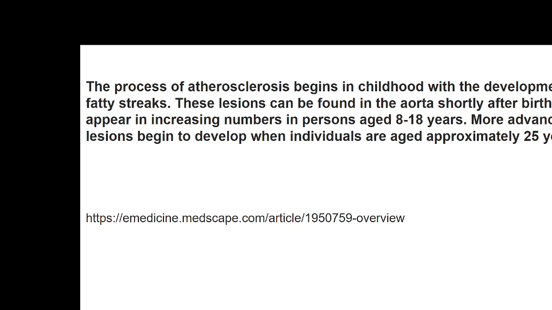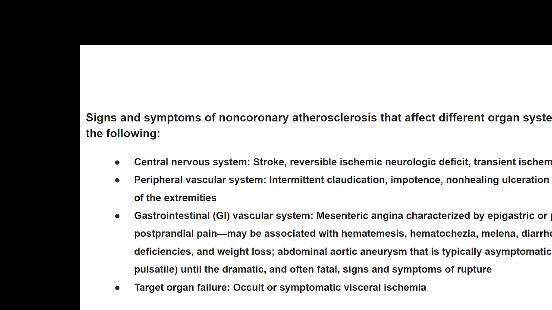Earlier, thinking of atherosclerosis in pediatric conditions was very rare, almost not identified. But these days it is identified, and it is known to be due to genetic factors, and advanced lesions may develop in individuals at the age of approximately 25 years. Till the age of 25 years it may remain silent, and such patients are now well reported.